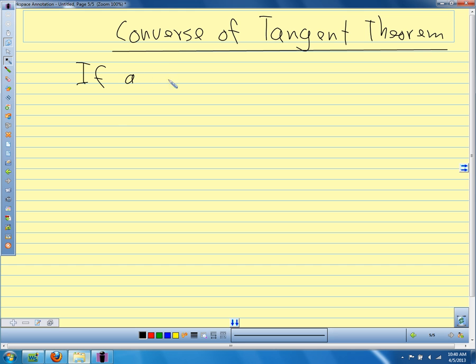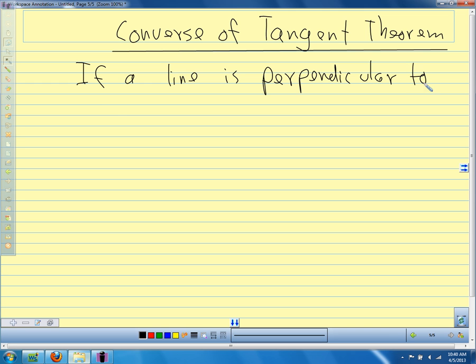We're going to say if a line is perpendicular to a radius on the circle, because we want it to be perpendicular right where they touch, not somewhere in the middle of the circle. So it's perpendicular to a radius on the circle, then it is tangent to the circle.